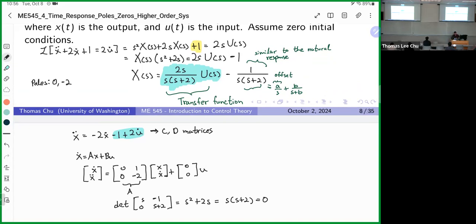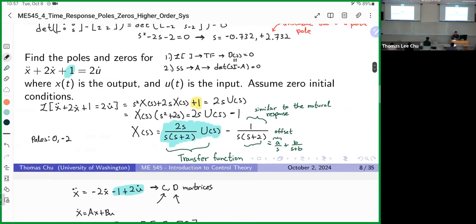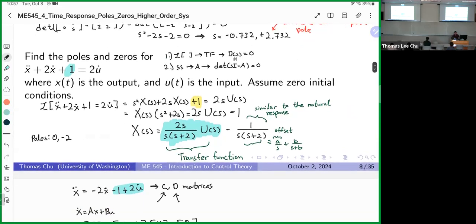The derivative of the input is going to be formulated in the C and D matrices. I don't remember off the top of my head what the formulation looks like. There's a section in the textbook that derives why it acts like that. For now, when you see this, just use the Laplace transform.